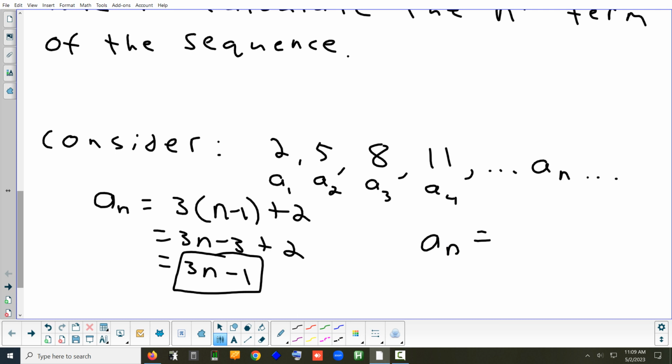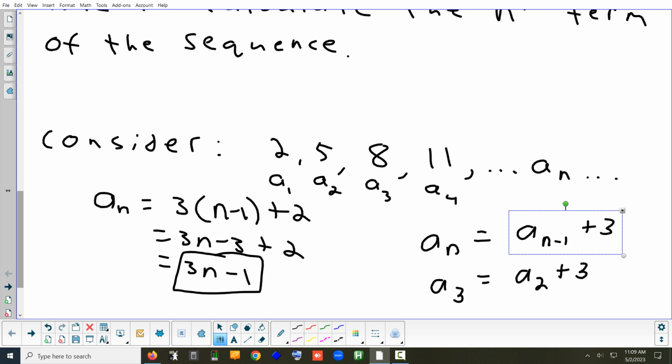A sub n minus 1. Yep. So that's the one before it. And Jess said to add 3. That works as well. So, for example, if you want to know a sub 3, that means you take a sub 2 and add 3. So if you take a sub 2, it's 5. And if you add 3, you get 8.